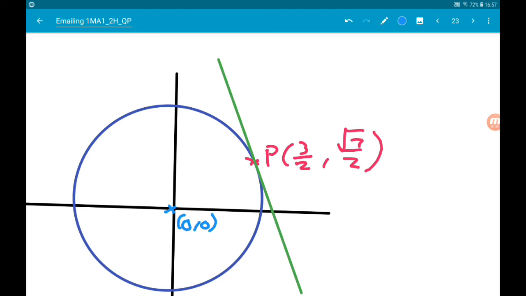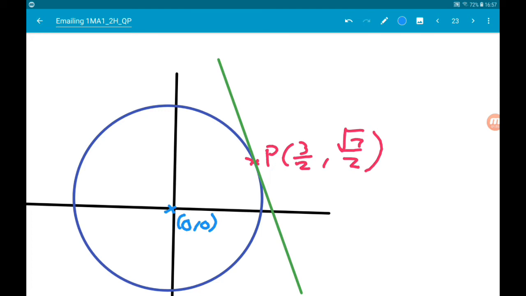So, tangents, when they meet a radius, they are perpendicular. So, when lines are perpendicular, their gradients multiply together to -1. So the first thing to do is to find the gradient of tangent. No, it's not.